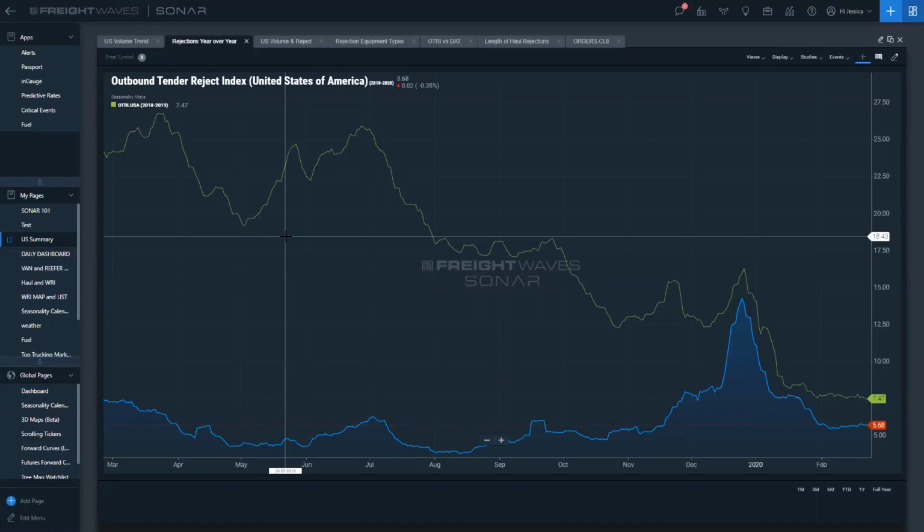There's a lot of reasons why that happens. The good thing to note is the freight still needs to get moved from point A to point B. It doesn't matter how big or small the rejections are. So when people constantly reject freight, that increases the price of that specific load or loads in the market.